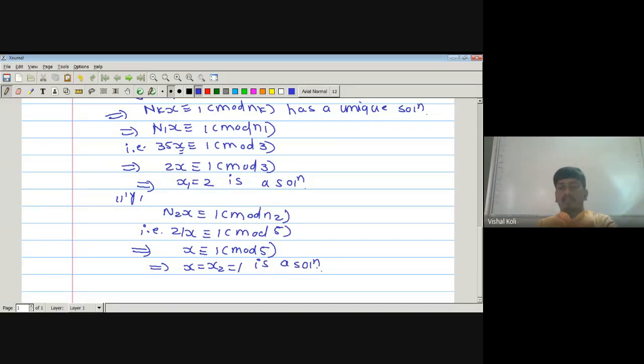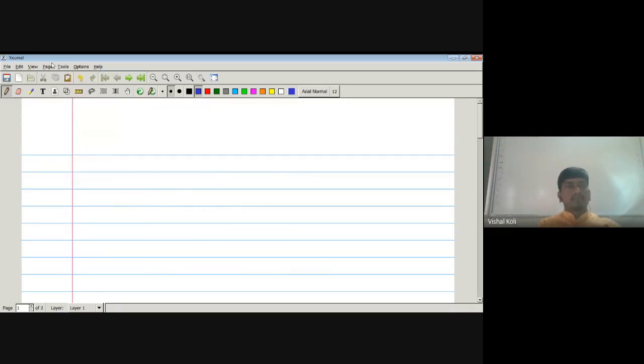Now it remains to find the value of x3. So for x3, that is N3 x congruent to 1 modulo small n3, that is 15x congruent to 1 modulo 7.